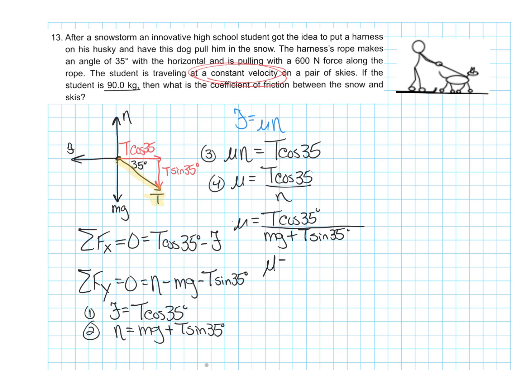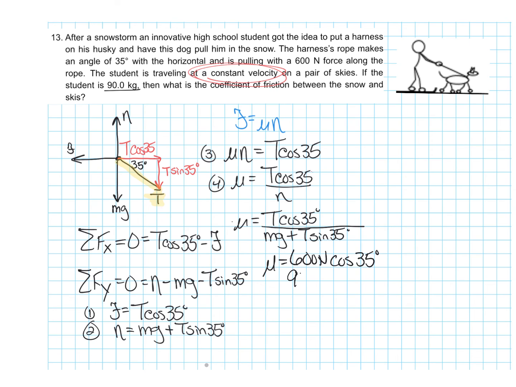Therefore, mu. Now I'm going to put in numbers. Notice I didn't put any numbers in until now except for the angle. That's going to be 600 newtons cosine 35 degrees divided by mg.